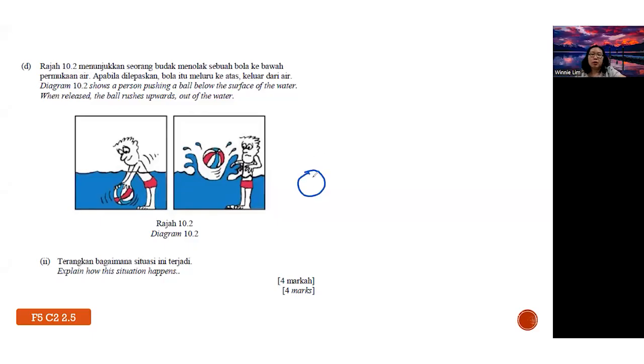It is because your buoyant force which acted upward is greater than the weight of the object. The buoyant force is greater. So that's why you need to have this concept to explain. Or if you're aware, you can use the density concept also, because any object which is less dense will float and move up.